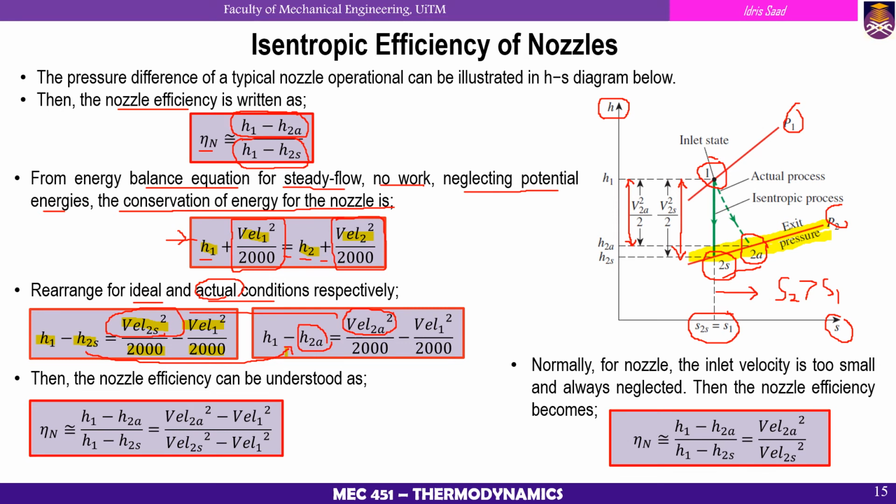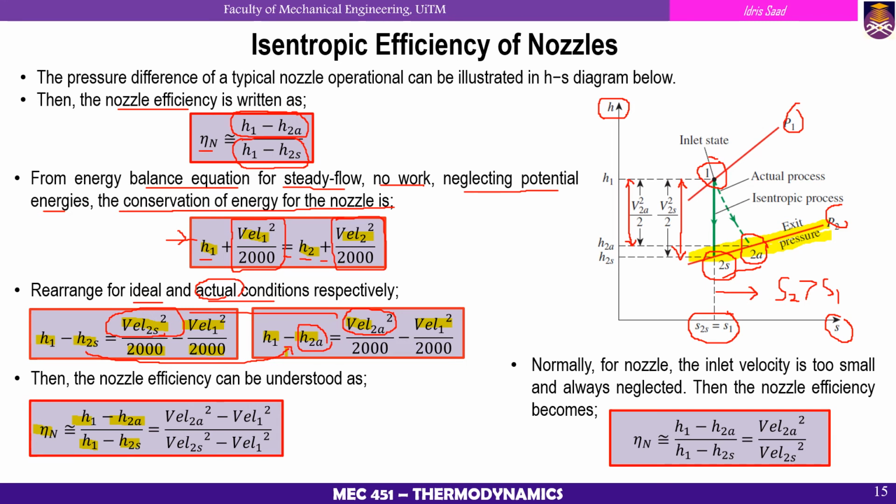When we rearrange, we get h1, h2, but for the velocity, it is velocity 2 minus velocity 1. Finally, we can rearrange this equation for the nozzle efficiency as h1 minus h2a divided by h1 minus h2s.